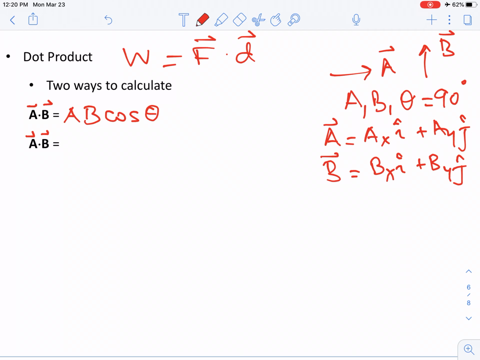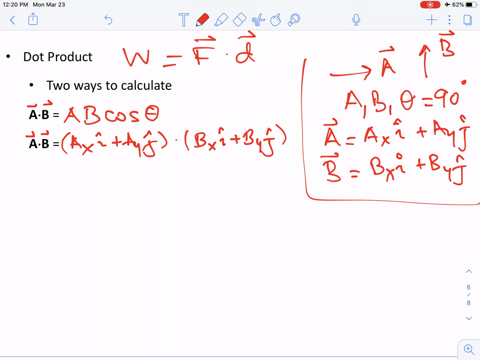Then I'm going to distribute the multiplication because I'm multiplying that A with B. If they're two-dimensional, then we're going to get, let's see, 4 terms, right? So when you do the algebra, let's write this down: Ax i-hat plus Ay j-hat dotted with Bx i-hat plus By j-hat, right?